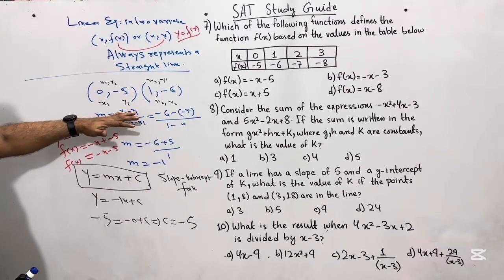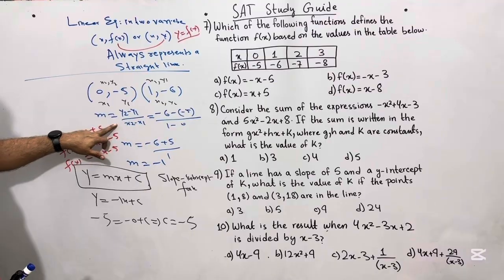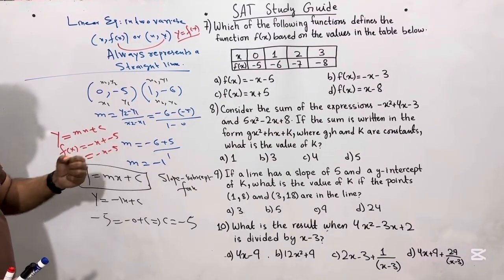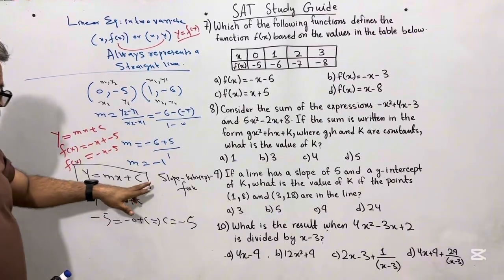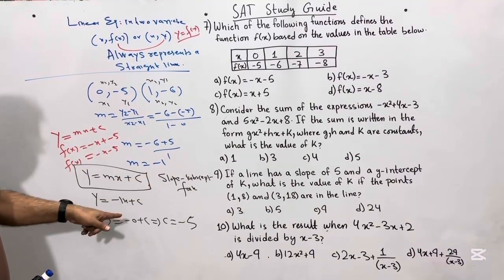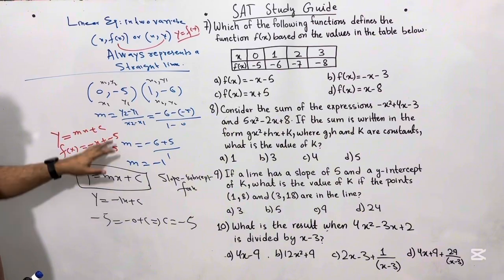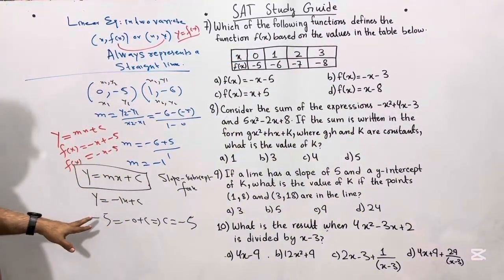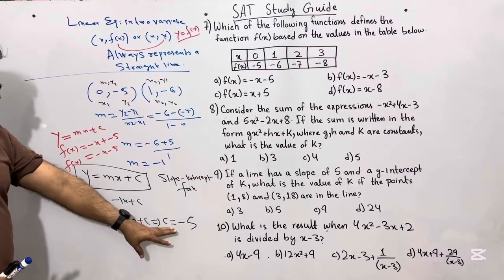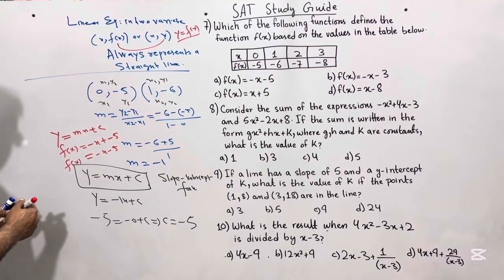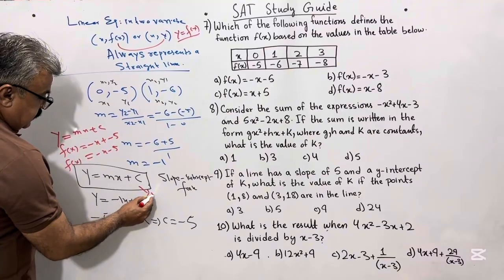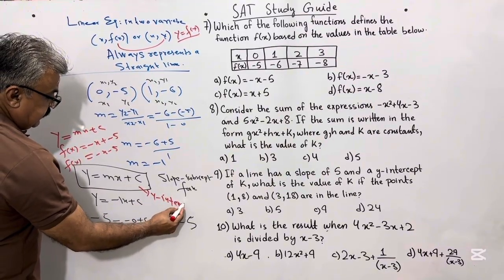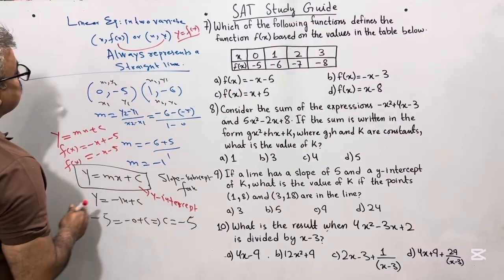Whenever 2 points are given, there is a ready-made formula: difference of ordinates divided by difference of abscissas. It gives us the gradient, that's minus 1 in this case. Putting in minus 1x, taking any point, we get c. That is our minus 5, which is known as the y-intercept.